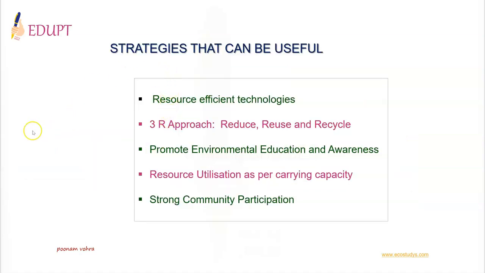Sustainable development implies how the resources can be utilized so that an interrelationship can be established among present and future generations. For that, many probable strategies can be useful. 1. Relating to technology.